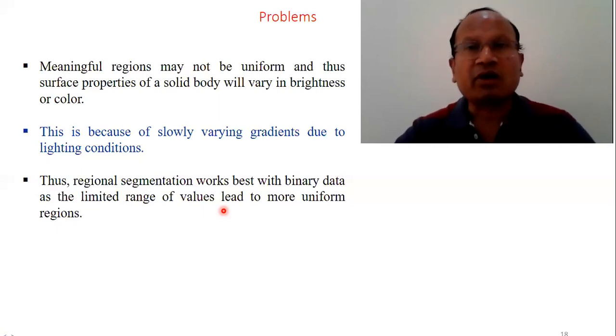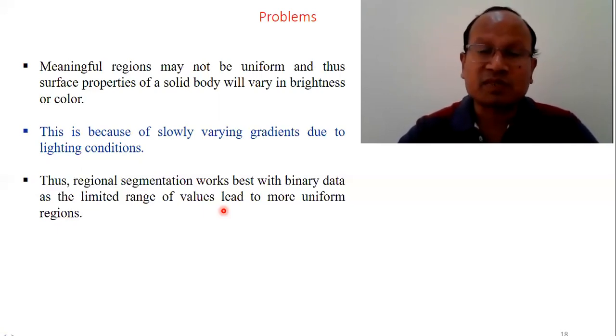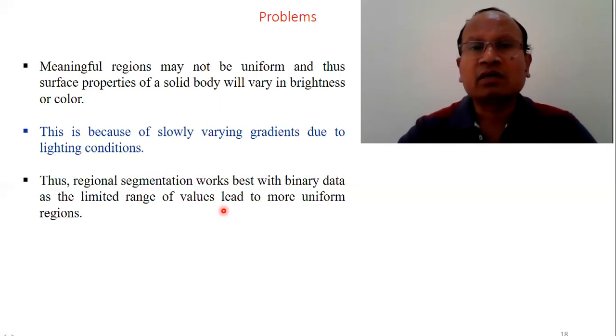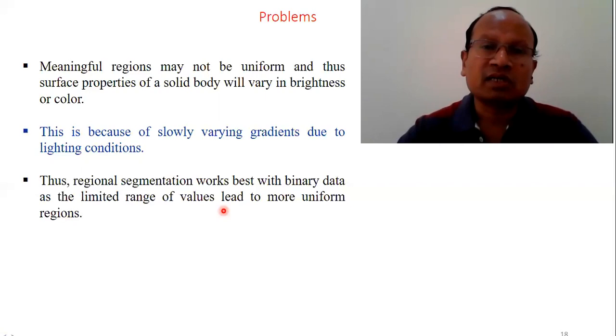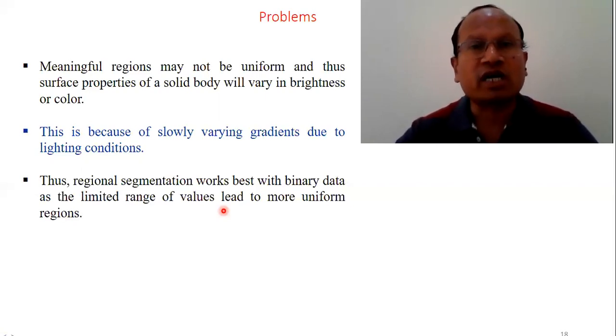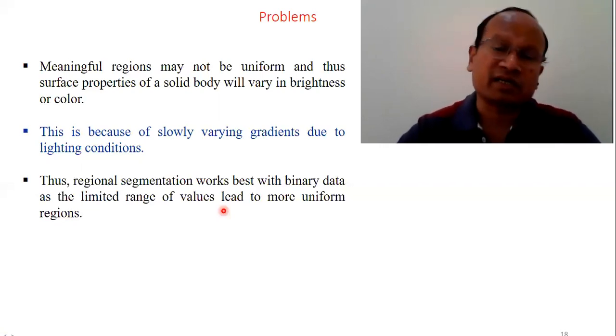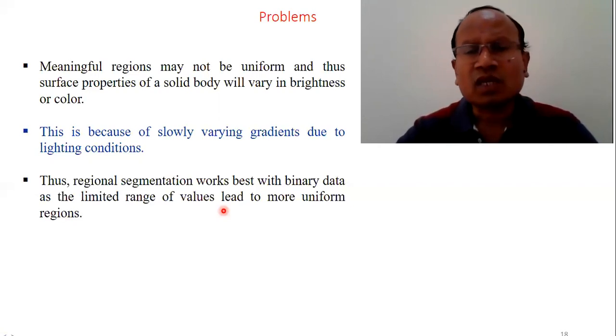Similarity does not mean that they must have the same grayscale values or the same color, but there are other metrics determined from grayscale, pixel value, color or texture. They may be mean, standard deviation, variance. If the variance, mean, and standard deviation are below a certain threshold, then the two subregions can be connected. So in merging, the threshold plays an important role.